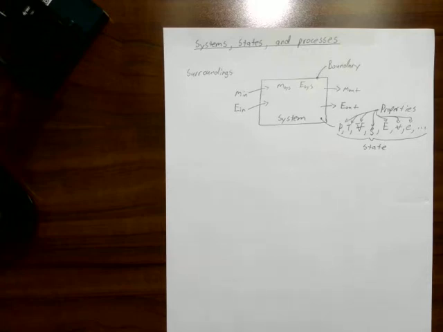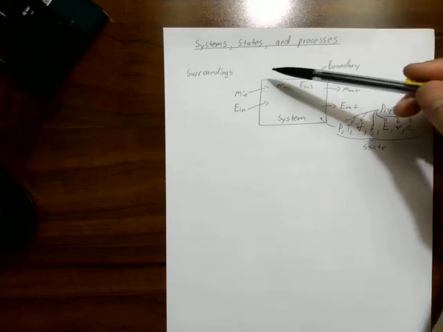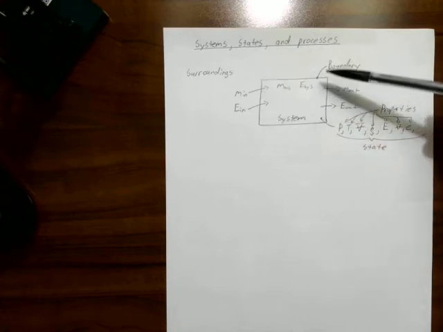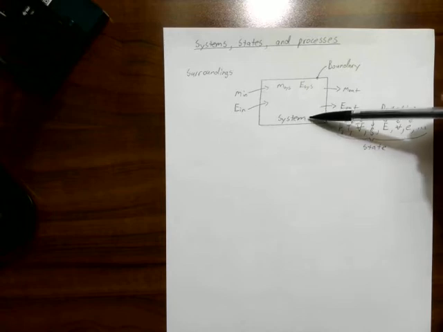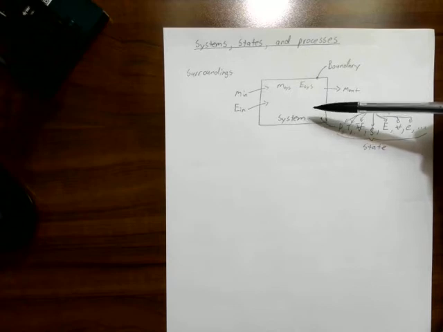When we go to analyze a specific thermodynamic device or do some sort of analysis, we have to first establish what it is we're trying to analyze, okay? Typically what'll happen is we draw a boundary around the thing that we're interested in. That thing, whatever it is that we're interested in, is called a system, in general terms.